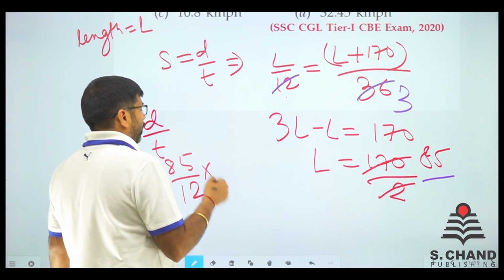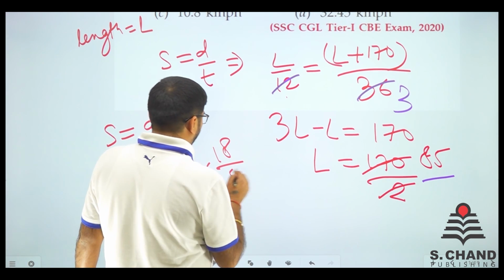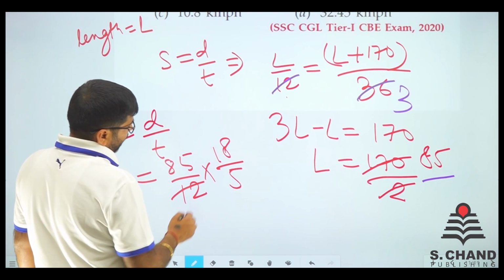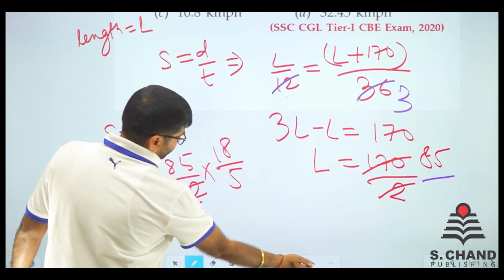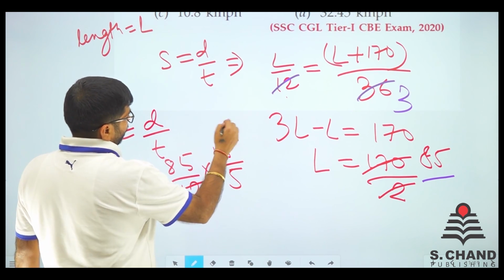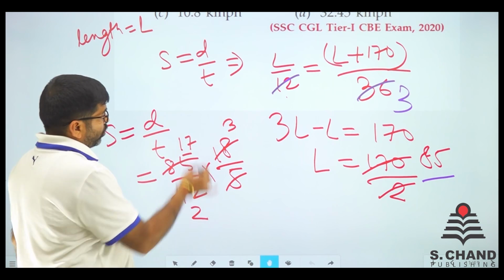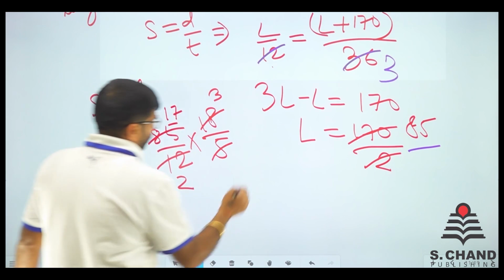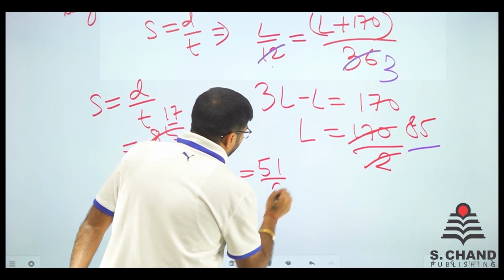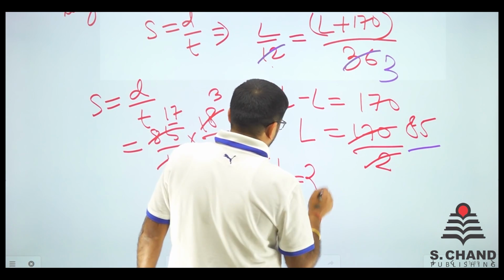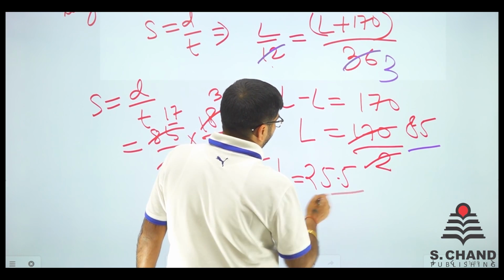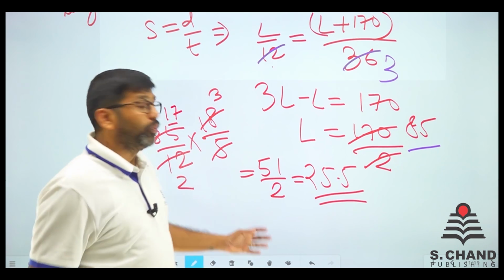So you need to multiply it by 18 by 5, right? So we have 6 into 2. Then we have 6 into 3. Here we go 5, that is 17. So 17 into 3 is 51. So we have 51 by 2, that is 25.5. 25.5 kilometer per hour.